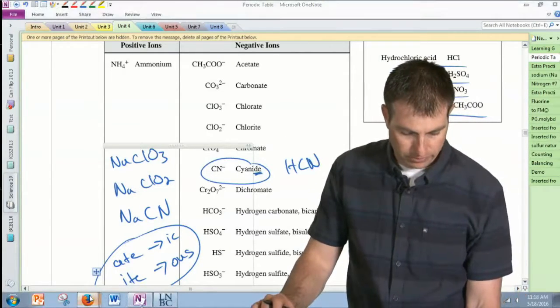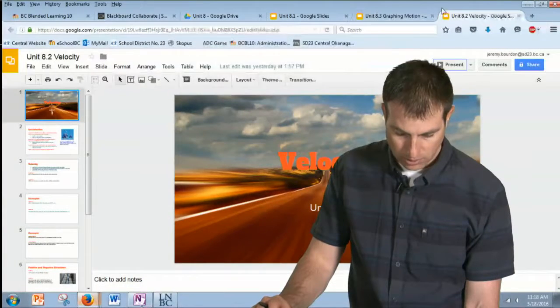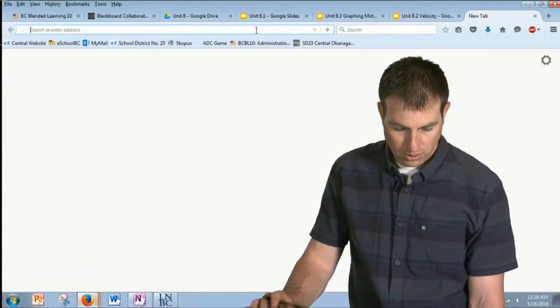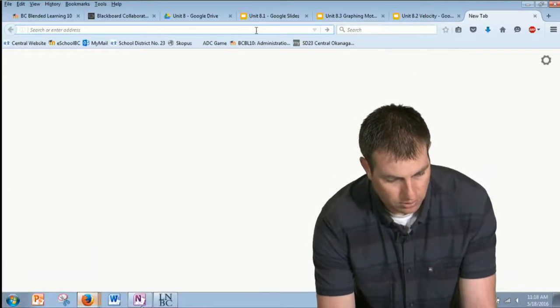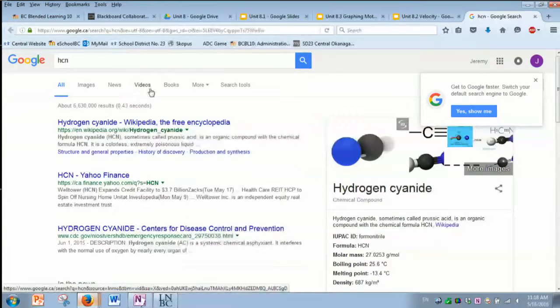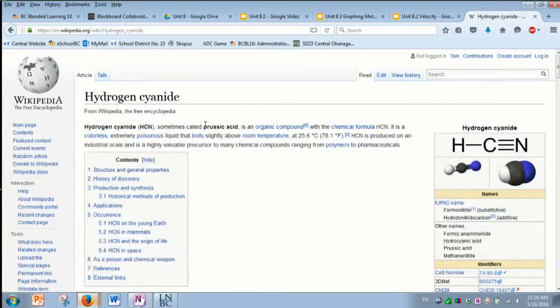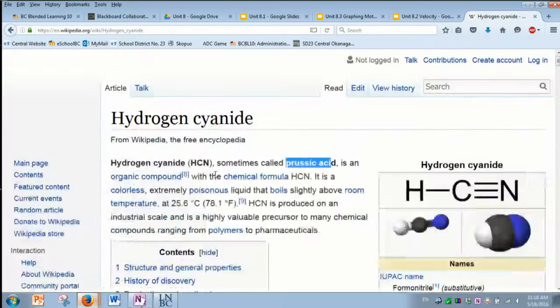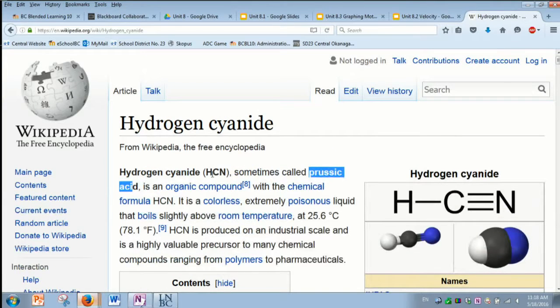Let's just Google it right now, see what it's called. Hydrogen cyanide. Here you go. It has a common name, prussic acid. So it is definitely an exception to the rule. I've never really encountered it before, so hopefully you don't ever encounter it either.